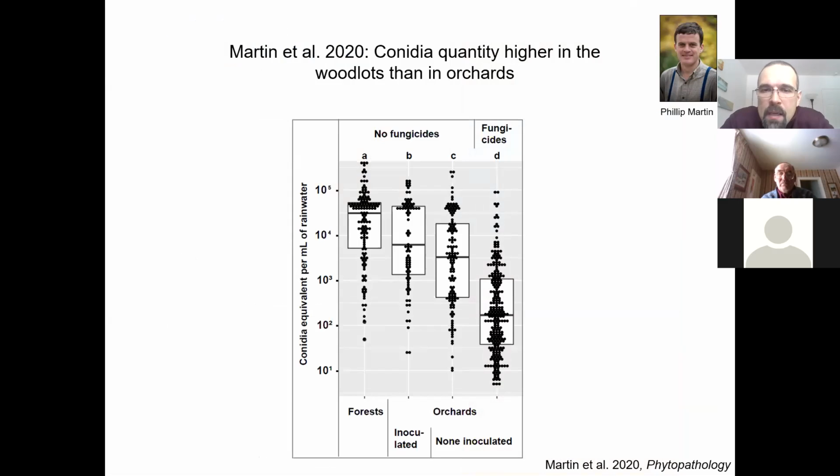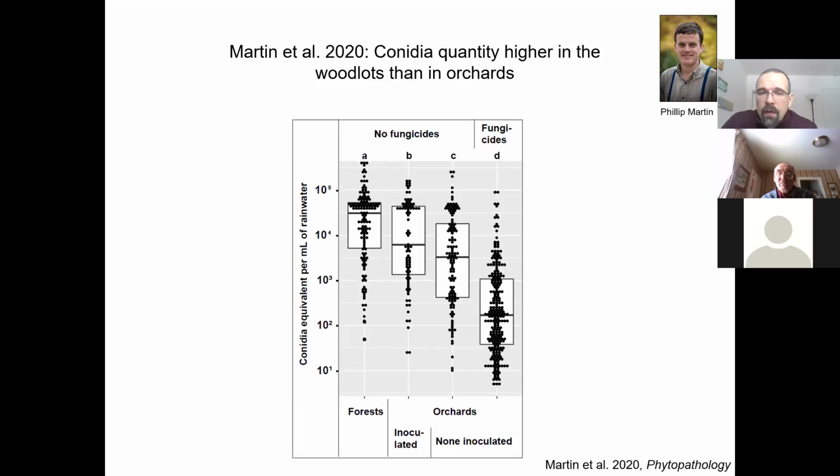He quantified conidia, and you can see here in these whisker bars that overall conidia had much higher presence in the woodlots, basically around the orchards, meaning that most likely the primary lifestyle of this fungus is an endophyte, even though it is present in the orchards.